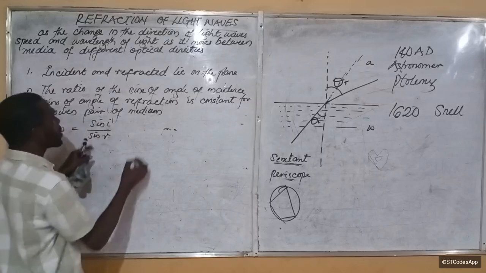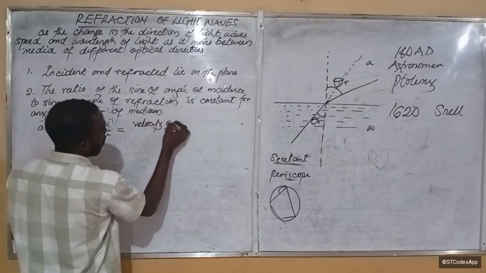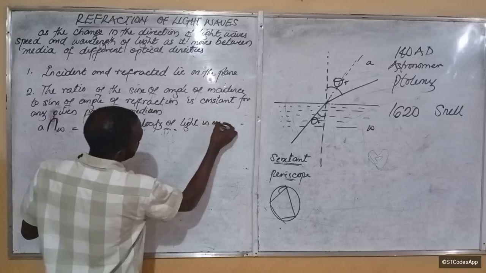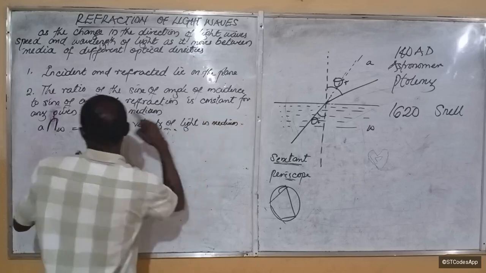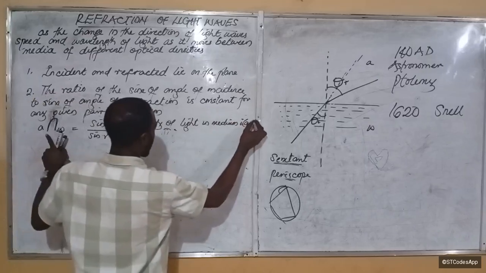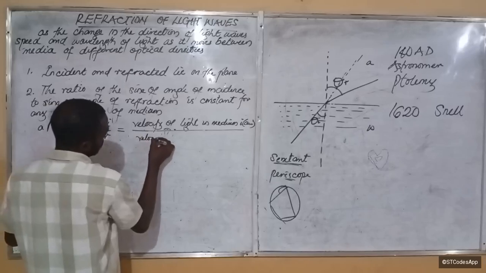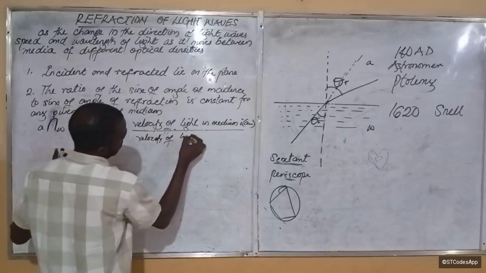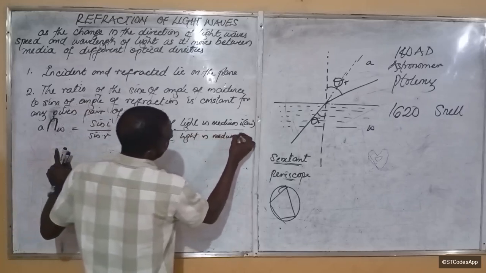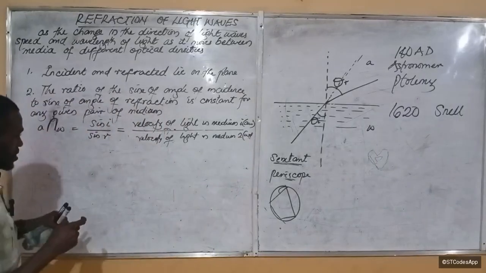This ratio is also equal to the velocity of light in medium 1, which is air in our case, to the speed of light in medium 2, which is water in our case.